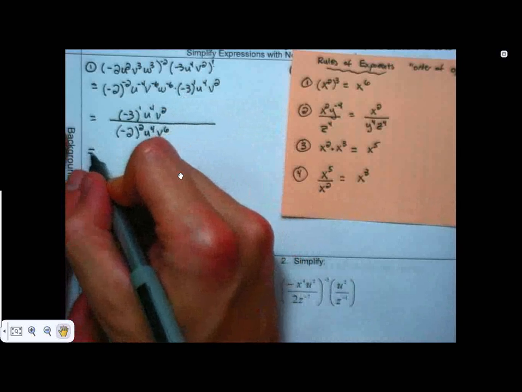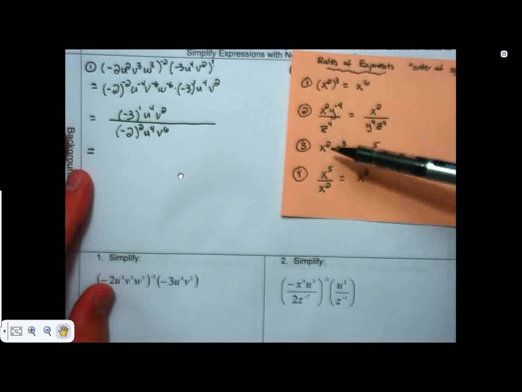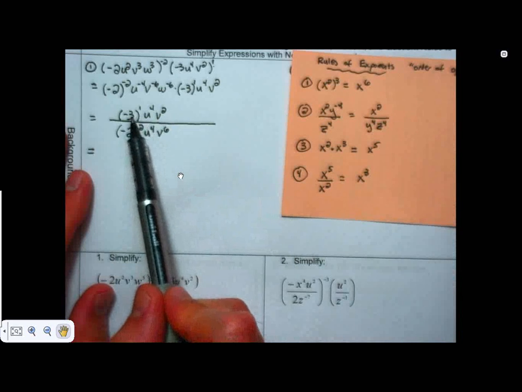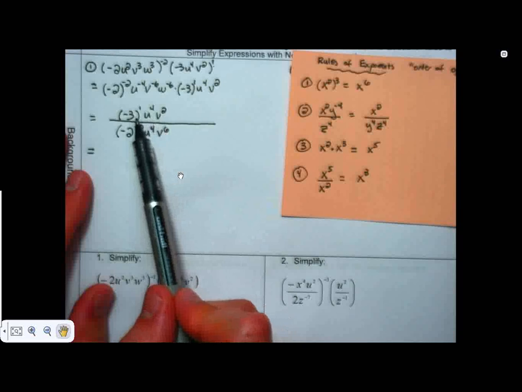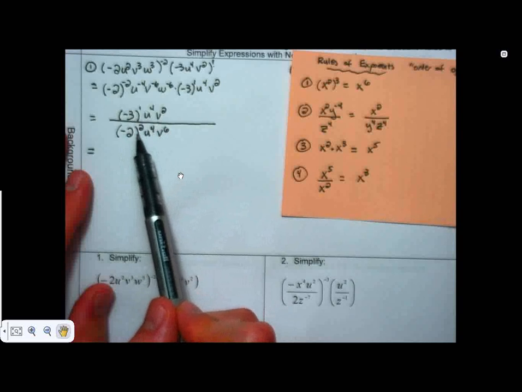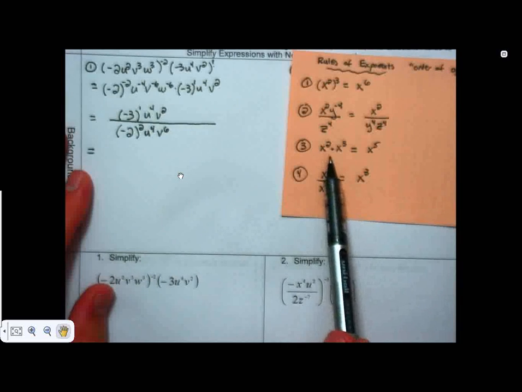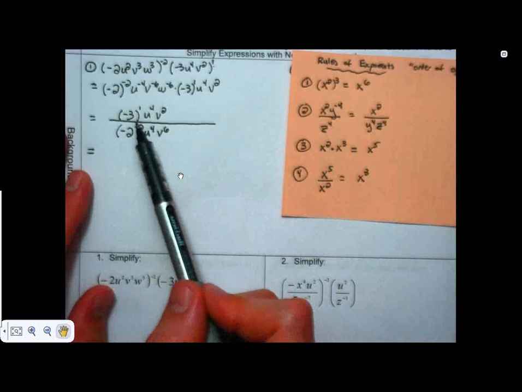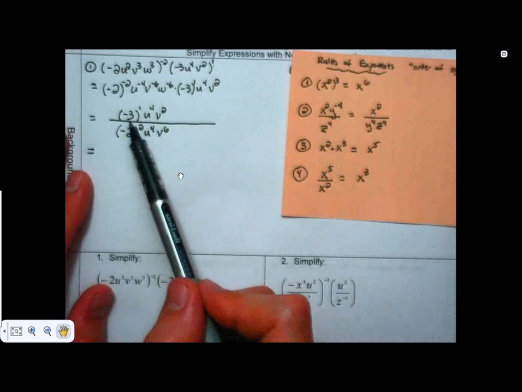Okay, now I'm going to use rule number 3, which says if I multiply like bases, then I add the exponents together. If I look at my top, I don't have any like bases that I'm multiplying. If I look at the bottom, I don't have any like bases that I'm multiplying. So I can skip rule number 3, although I'm going to do one thing to make this look a little cleaner, and that's to take care of these coefficients.